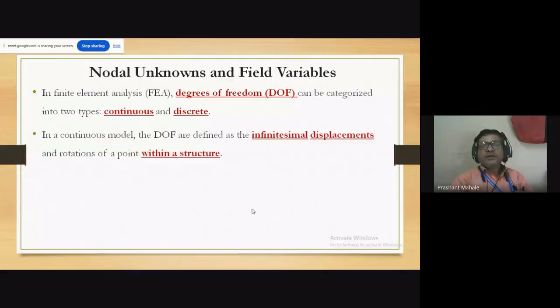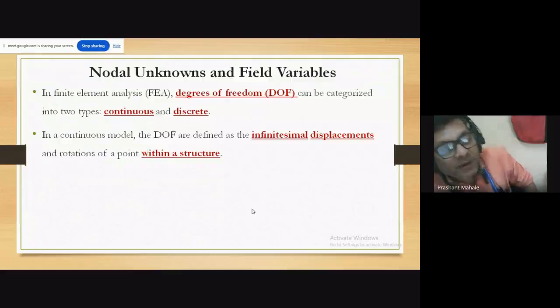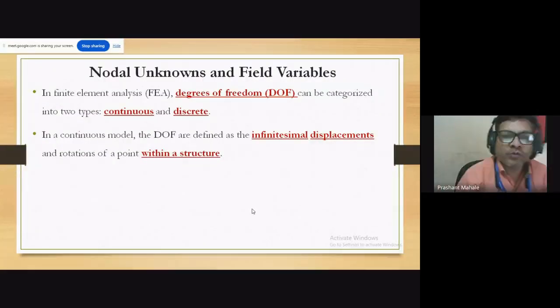Okay, in a continuous model, degrees of freedom are defined as the infinitesimal displacement and rotation of a point within a structure. So this word infinitesimal means so small that it is having a negligible length or negligible dimension.